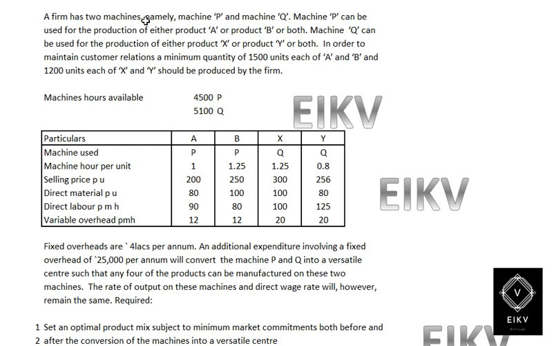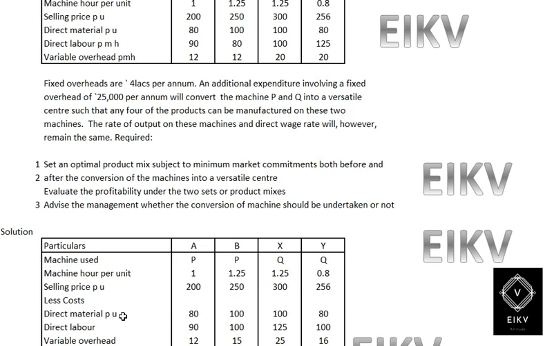If we make some changes with fixed overhead, and the machines P and Q are made versatile, then any of the four products can be manufactured on the two machines.